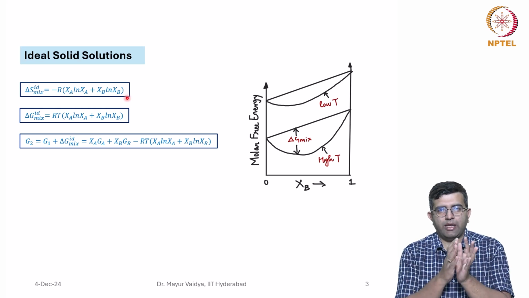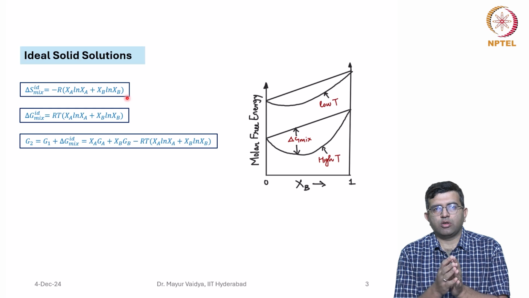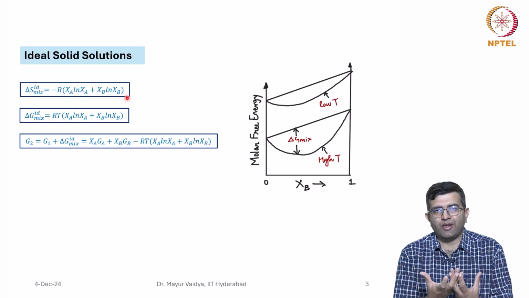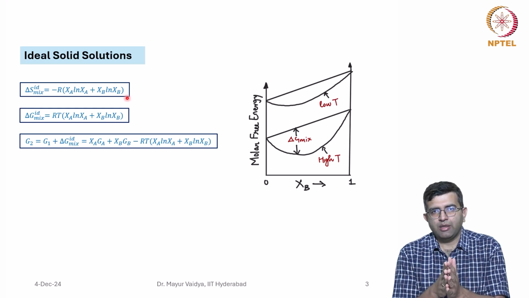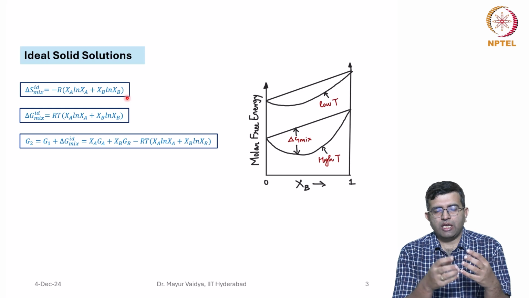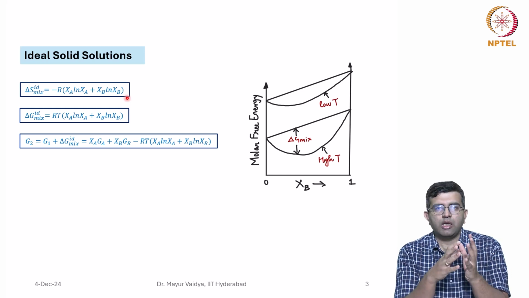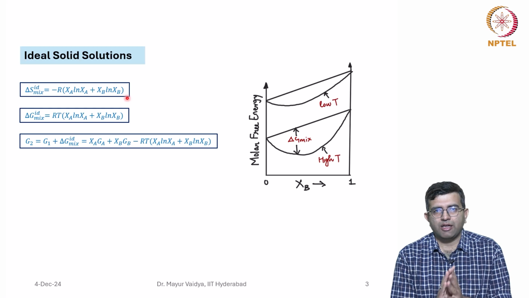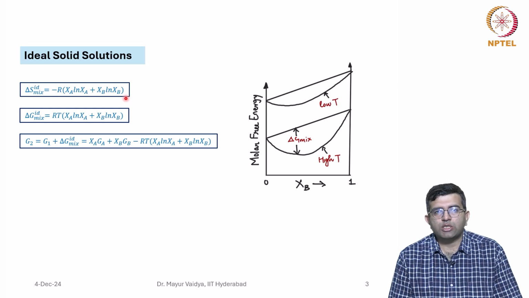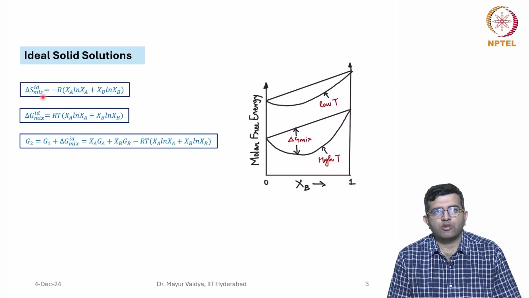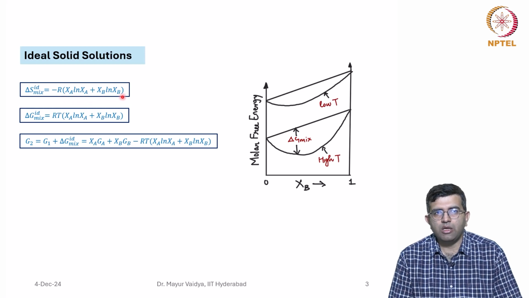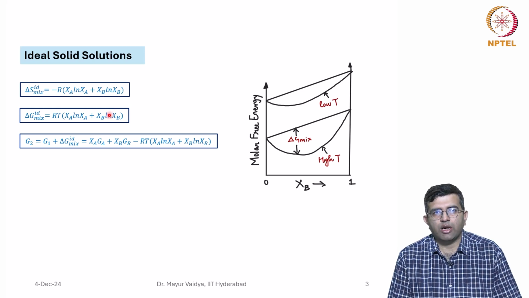Remember, enthalpy of mixing being 0 means that there is no interaction between A and B. So that means there is no preference that A should sit with B or B should sit with another B atom. It is just a completely random solid solution. In such a case, you have the entropy of mixing given by minus R (XA ln XA plus XB ln XB), and delta H mix for an ideal solid solution is 0.